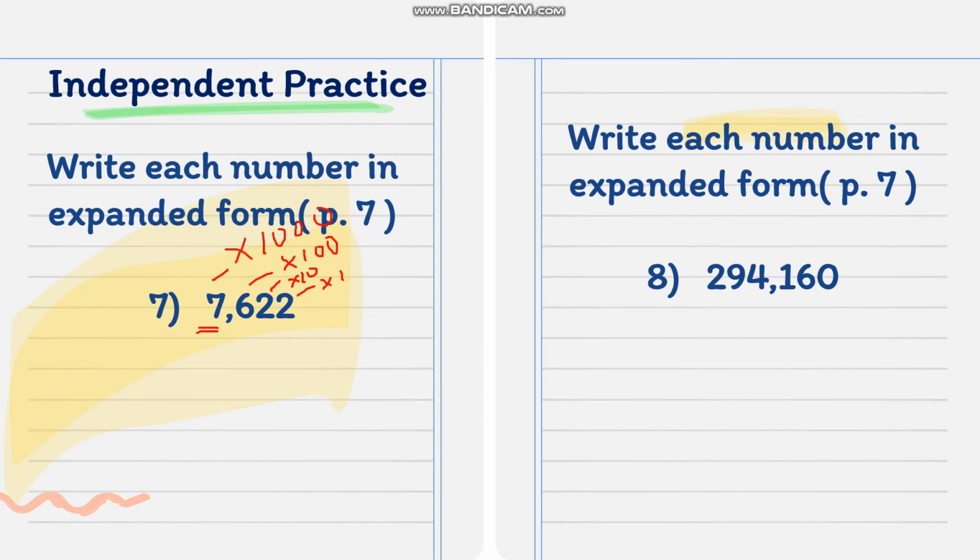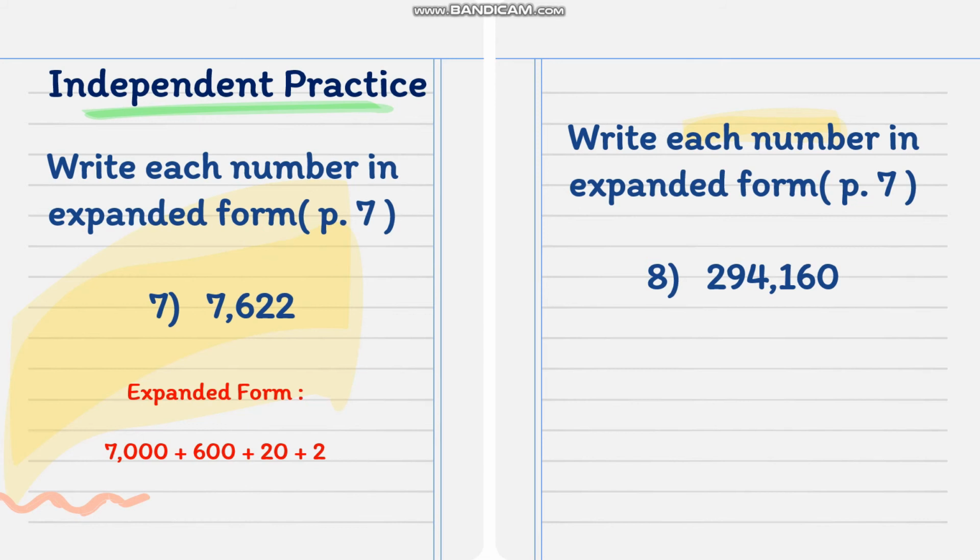Why? Because 2 is in the ones place, multiplied by 1. Another 2 is in the tens place, multiplied by 10 to get the value. That's why the answer is 7 multiplied by 1000 is 7000. 6 multiplied by 100 is 600. 2 multiplied by 10 is 20, and 2 multiplied by 1 is 2. So this is the expanded form of this given number.